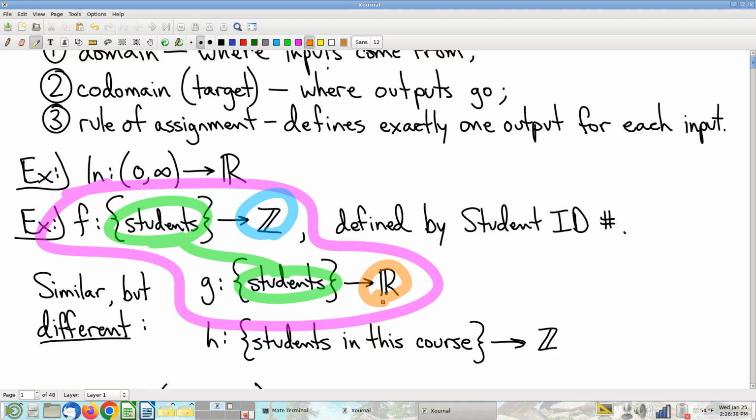It seems a little silly, but you've got to hand it to me that a student ID number is also a real number, in addition to being an integer. So, which one of these is right? Well, they're just different ways of creating a function out of this idea of using student IDs. Okay. So F and G, as I have it defined here, are different functions because they have different targets, even though the rule of assignment's exactly the same.